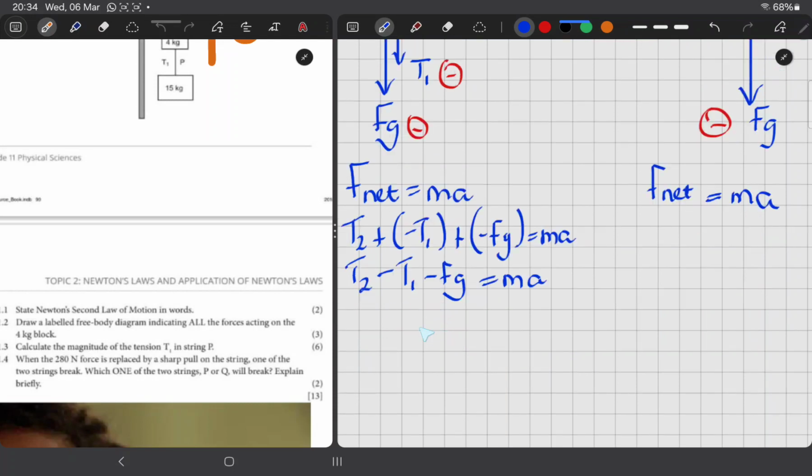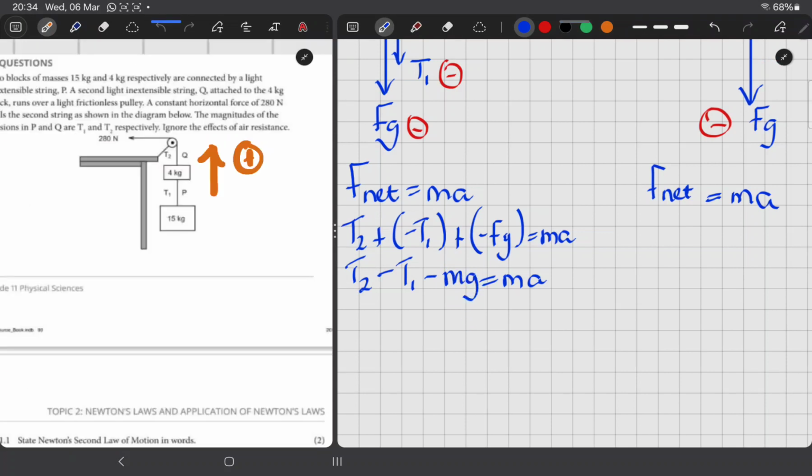At the end, this will just be T2 minus T1 minus mg equals ma. And now let us substitute. T2 is 280, so I will substitute 280 here. Then that's T1. And of course, my mass will be 4 kg.